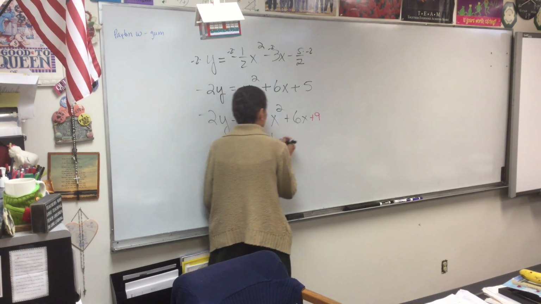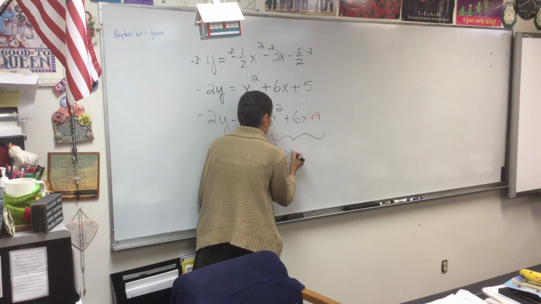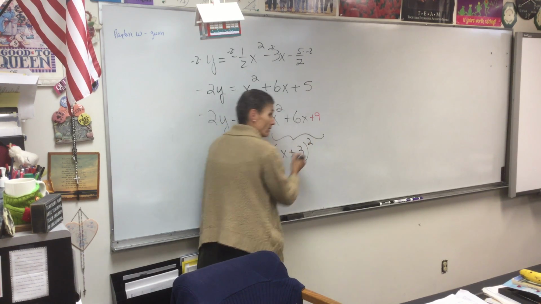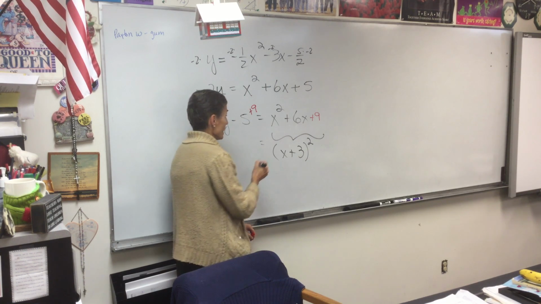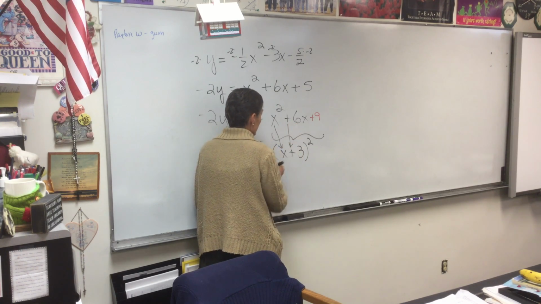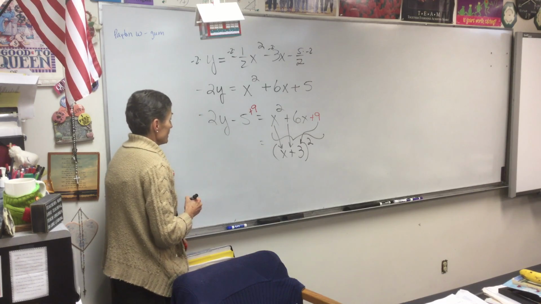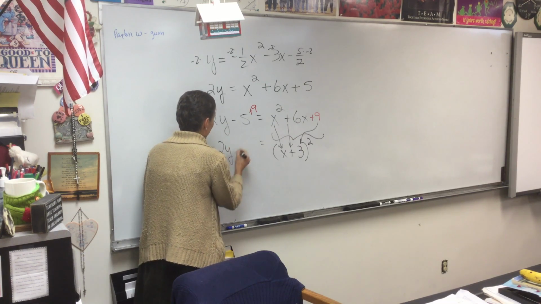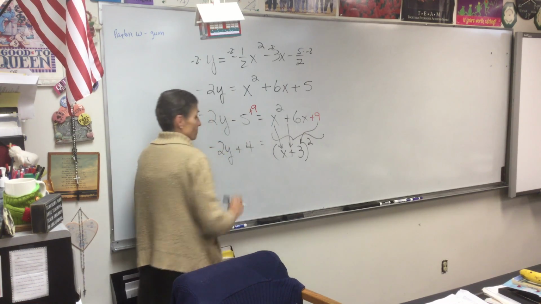This will be your perfect square. That is x plus 3 squared. And that x comes from here, plus comes from here, 3 comes from here. And that equals -2y plus 4, because I can combine those.